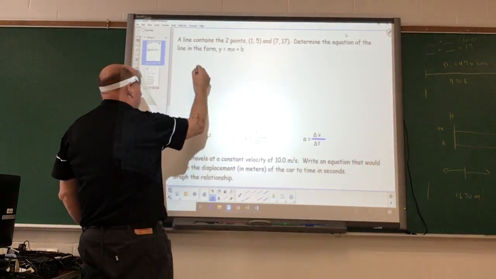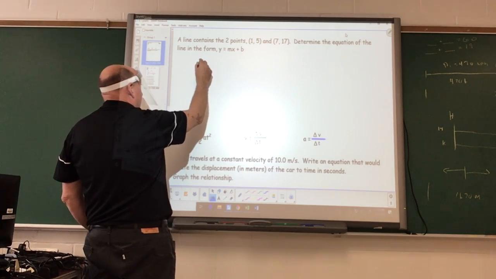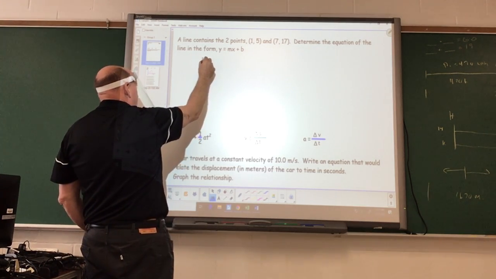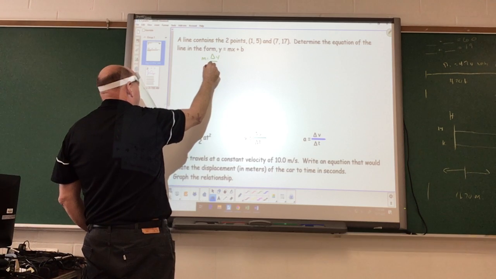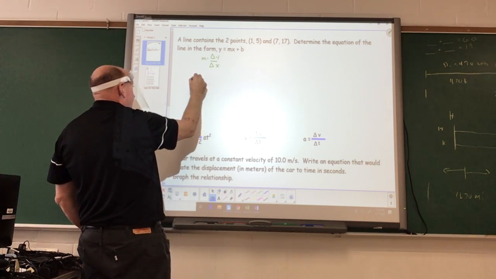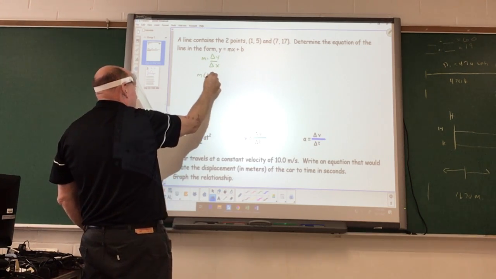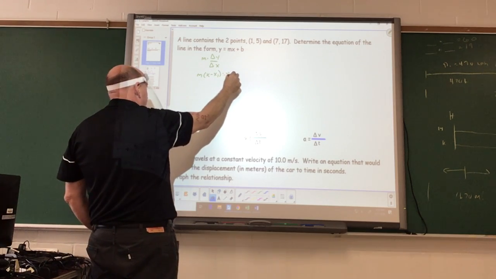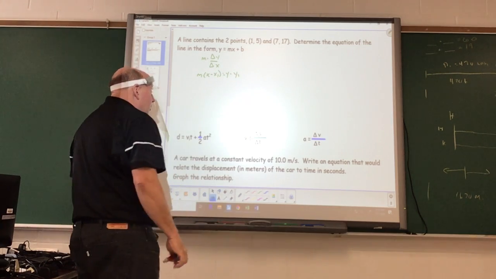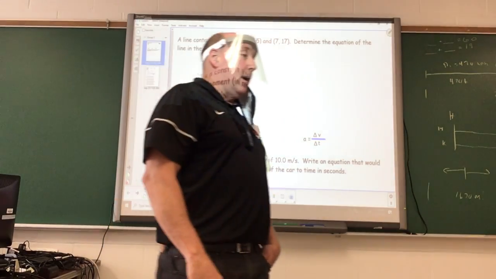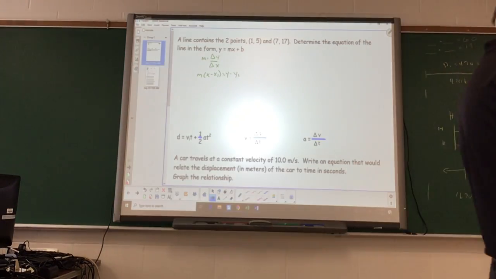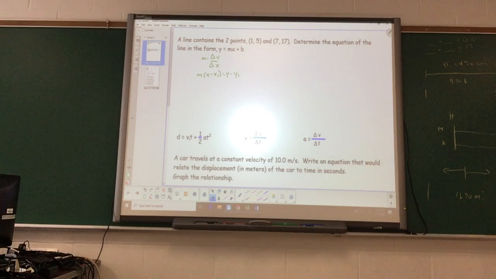What we have to remember is our slope is delta y over delta x, and we can determine the equation of a line by m times (x minus x1) is equal to y minus y1.